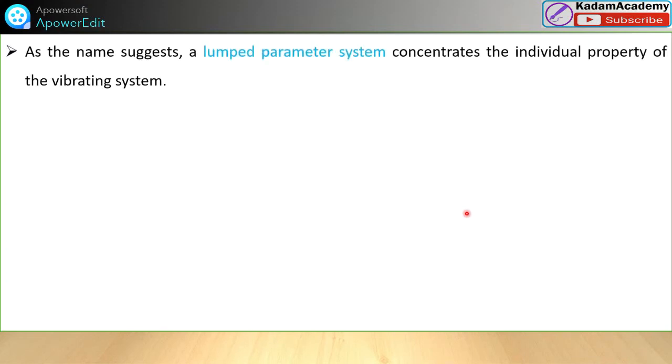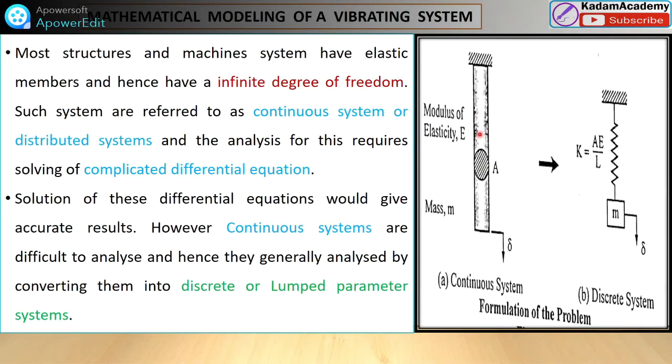As the name suggests, the lump parameter system concentrates the individual property of the vibrating system. Like the last one that I showed you, this is one rod. It is converted into a spring mass system, where this delta is the displacement.